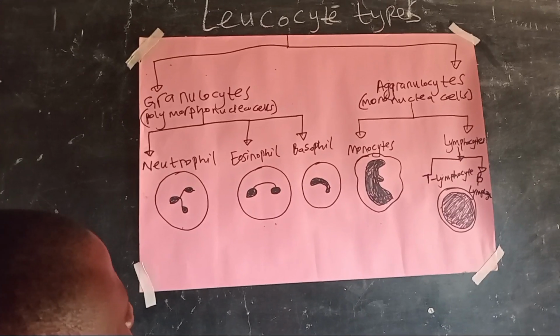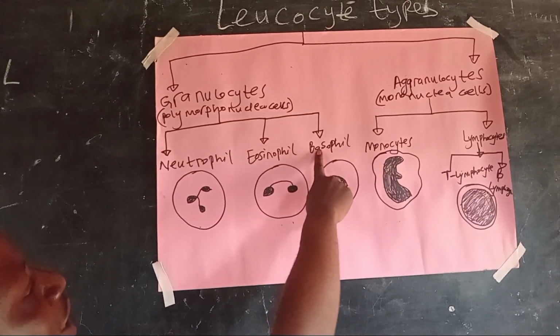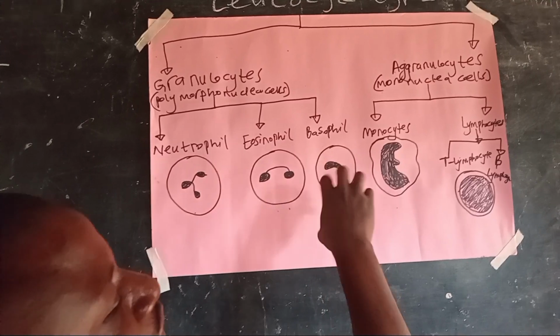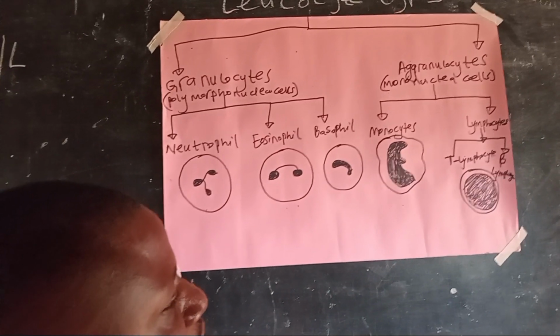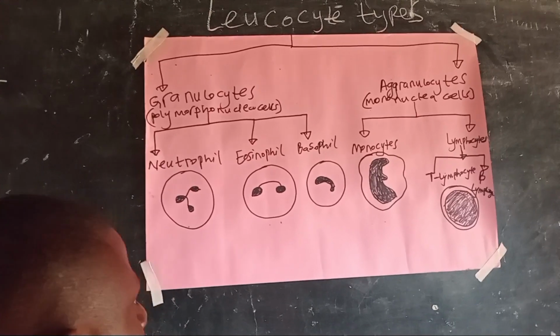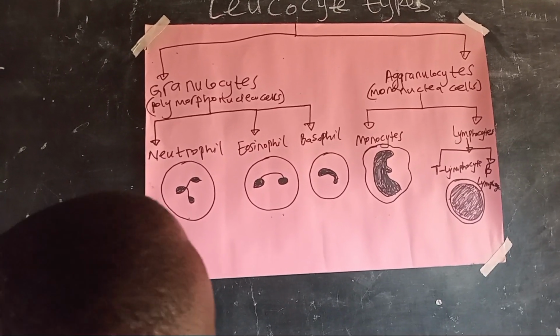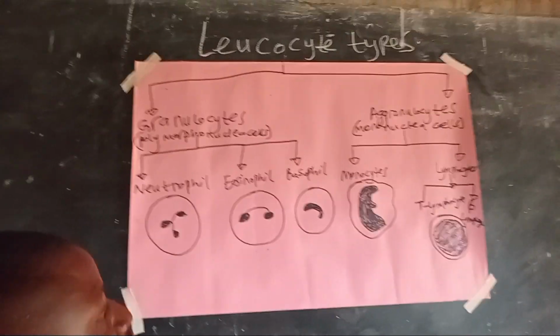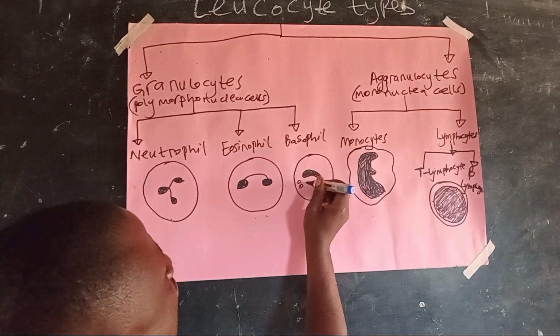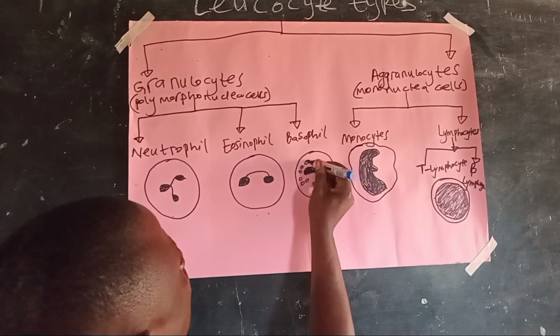Let us start with the basophil. They are called basophils because their granules are basophilic. They take up the basophilic color, which is blue, deep blue. So the granules will stain deep blue.